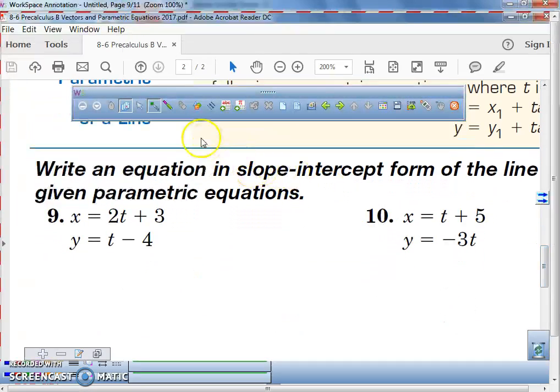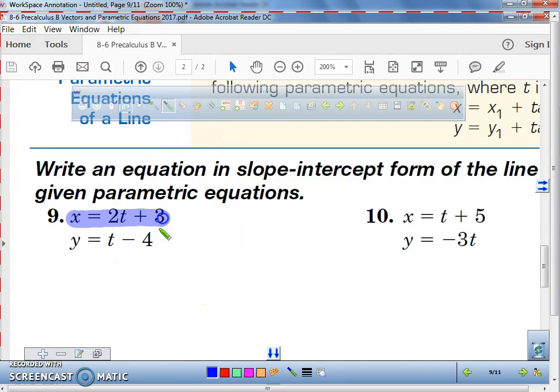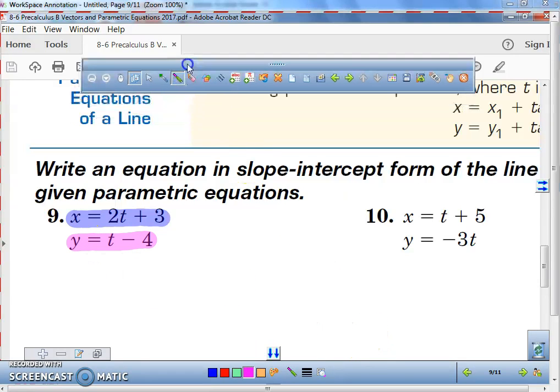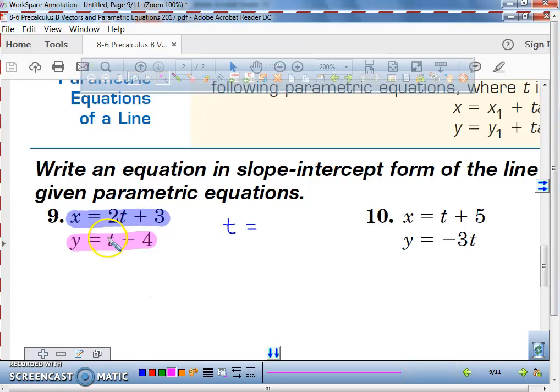I'm going to highlight the first part right here in blue and this nice magenta color. I want you to understand that the value of t that I plug into this equation will be the same value of t that I plug into the other equation.